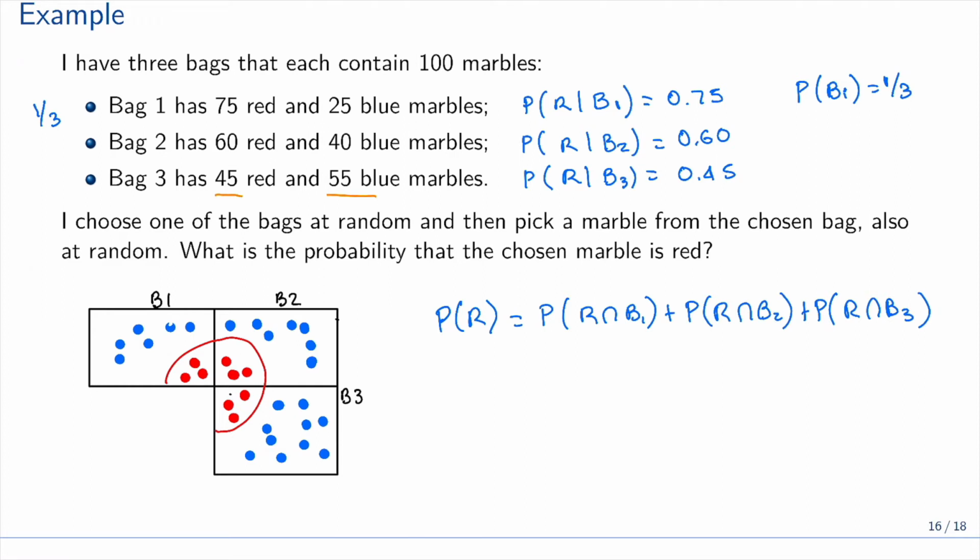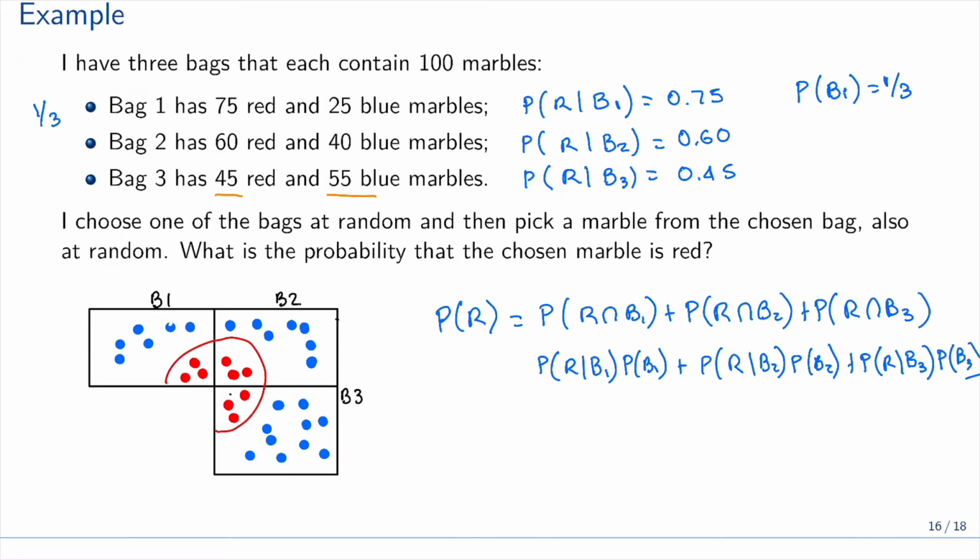And we can write these intersections in terms of conditional probabilities as the probability of being red, given that we choose bag 1, multiplied by the probability of B1, plus the probability of being red, given that we choose bag 2, multiplied by the probability of bag 2, plus the probability of choosing red, given that we select bag 3, multiplied by the probability of bag 3.